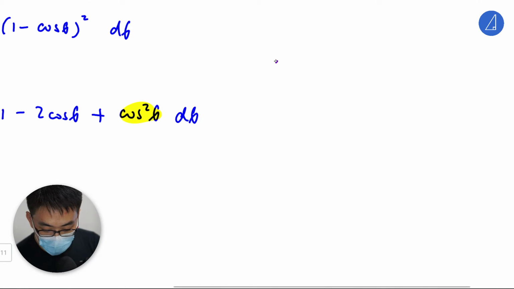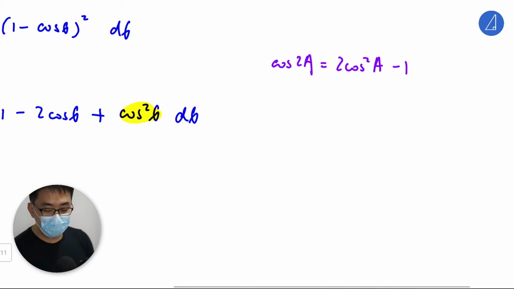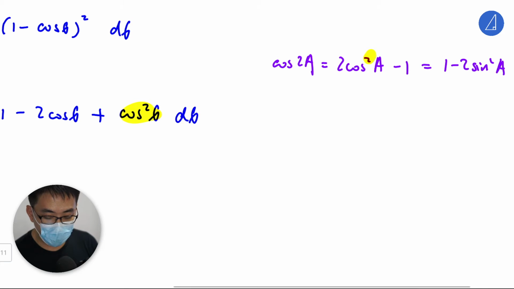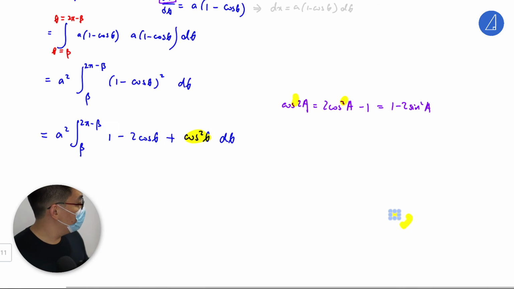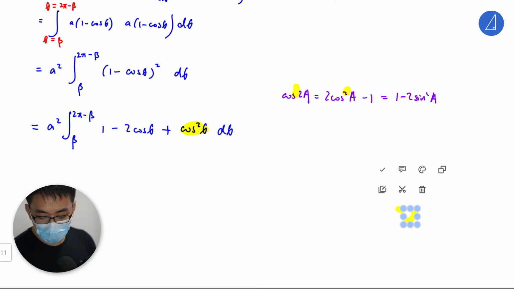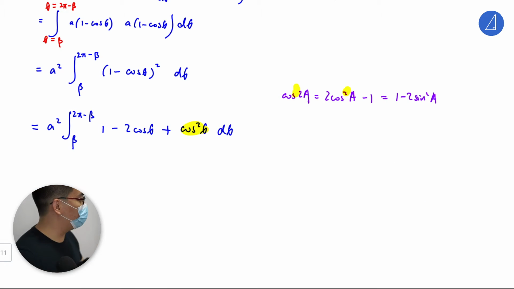We know that cosine 2a is equal to 2 cosine squared a minus 1. The beautiful thing about this equation is you can change from a square to a power of 1. So remember, cosine 2a is beautiful because it sorts out our trigo life.